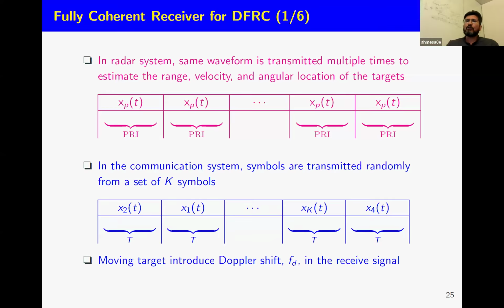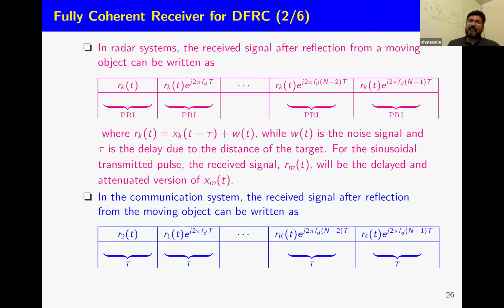So why can't we use the communication symbols for sensing? For example, if the target is moving, I am interested in estimating the velocity of the car in front of me. If I am transmitting a sensing signal, I am transmitting the same thing, r_k(t), r_k(t), r_k(t), and each transmitted signal comes back with a different phase, but the phase is changing linearly, right?